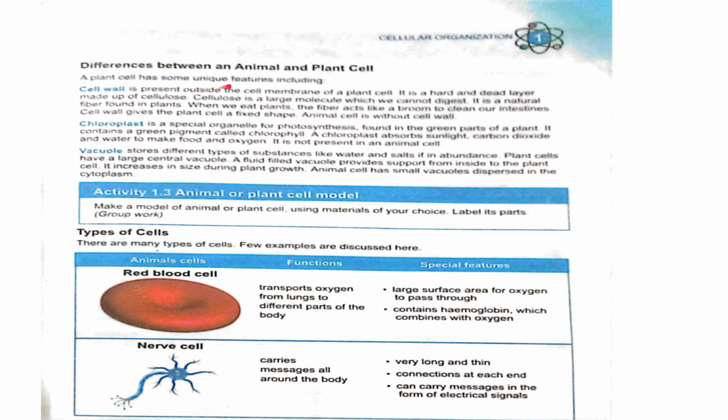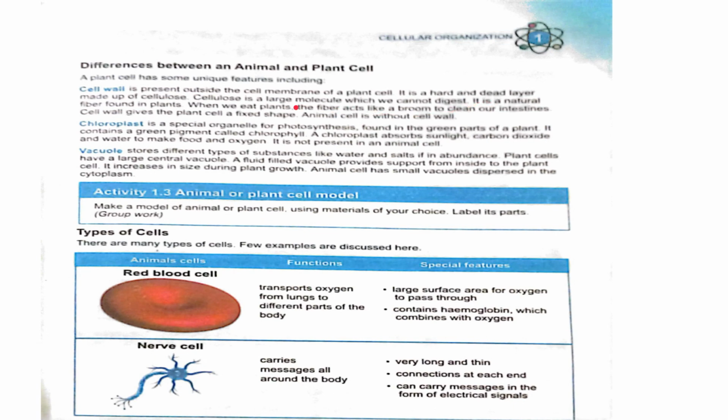Differences between an animal and plant cell. A plant cell has some unique features including cell wall. Cell wall is present outside the cell membrane of a cell. It is a hard and dead layer made up of cellulose. Cellulose is a large molecule which we cannot digest.